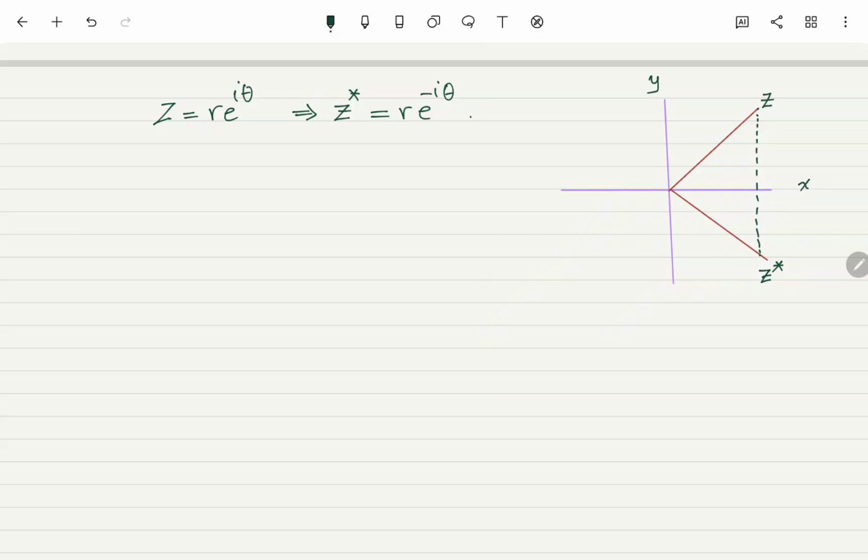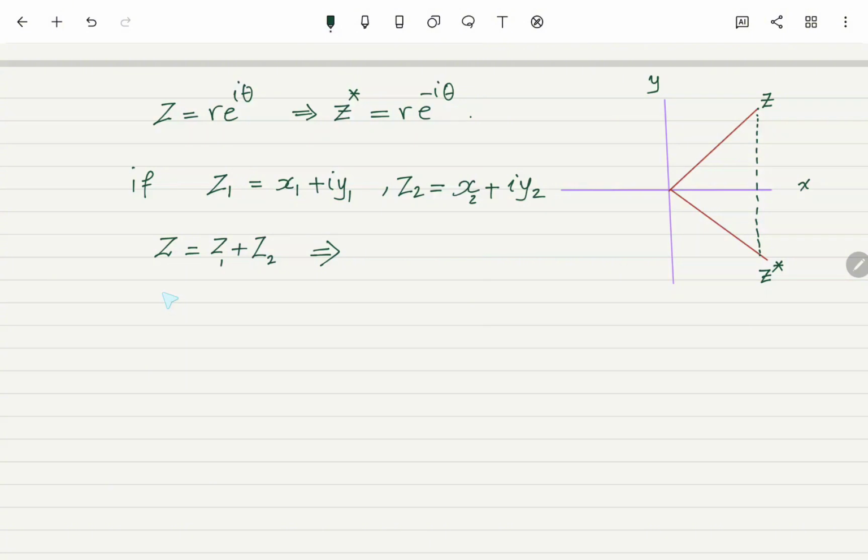Now let's discuss how to add two complex numbers. If z1, for instance, equals x1 plus iy1, and z2 equals x2 plus iy2. Now z, which is equal to z1 plus z2, in this case here, you add real with real and imaginary with imaginary. You cannot add real with imaginary or imaginary with real.